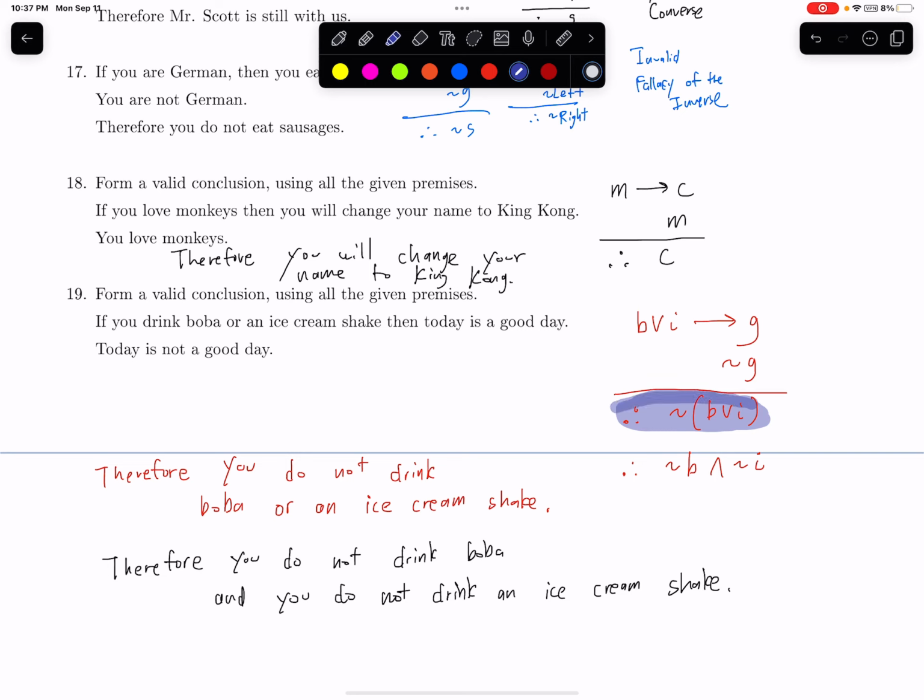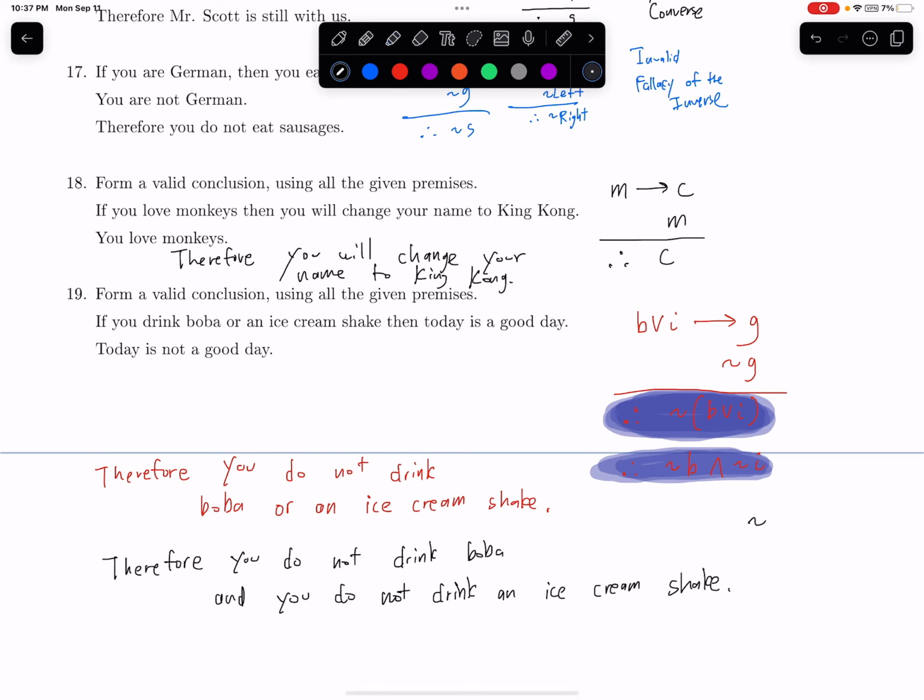If you're doing it the first way, make sure that you have the parentheses. Without the parentheses, it is actually wrong. So you do need those parentheses there, because you're negating that entire compound statement. Or without the parentheses, you've got to use De Morgan's laws to break it up into two. Now let me give you what another wrong answer would be.